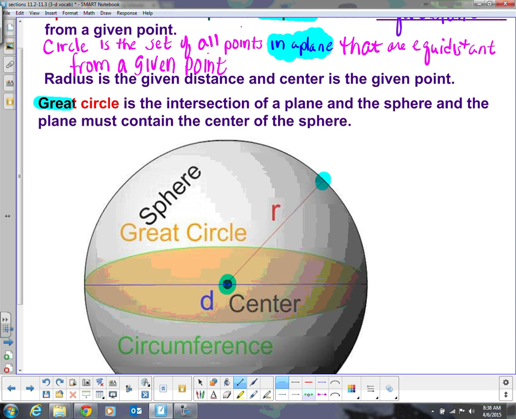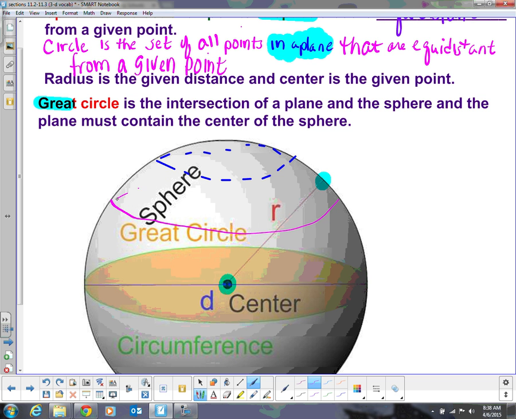If I were to draw a circle up here, do you agree that that circle is going to be smaller than that circle? If I were to cut the sphere here, do you agree that this circle is still smaller than the great circle?